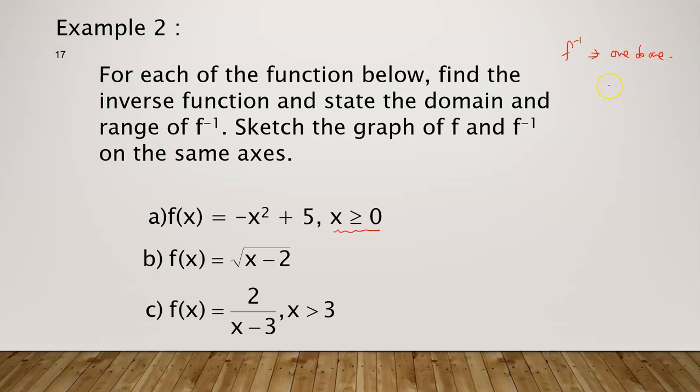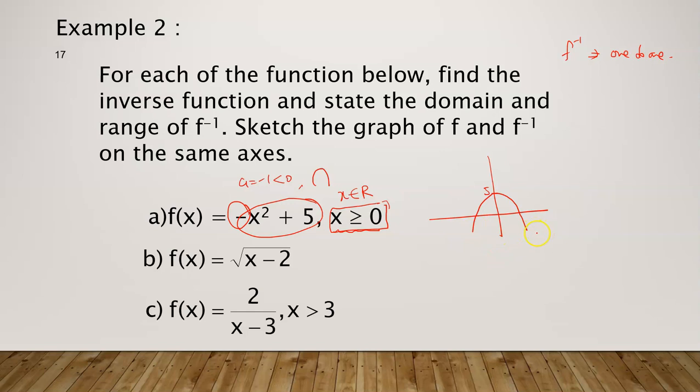One-to-one function means that you cannot have 2 points of intersection when you test with a horizontal line. If for example the domain here I just put x as a real number, and you sketch this graph, it will touch at 5, and a is negative 1, so your graph will be like this.